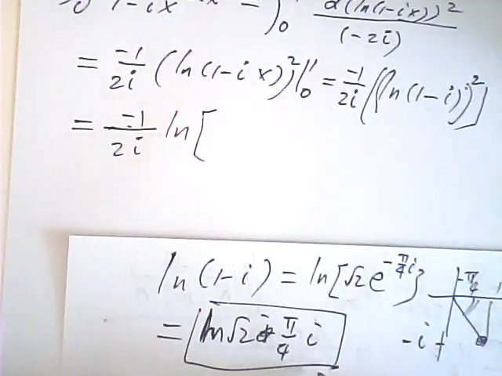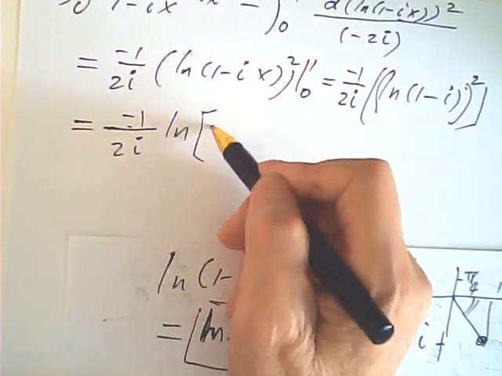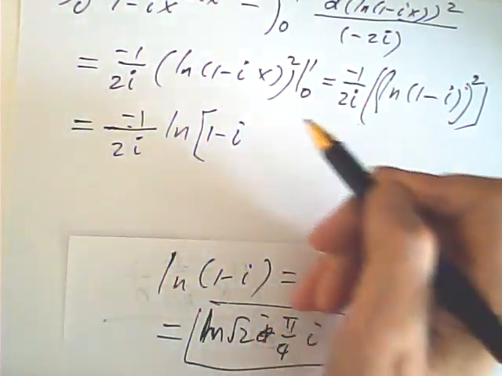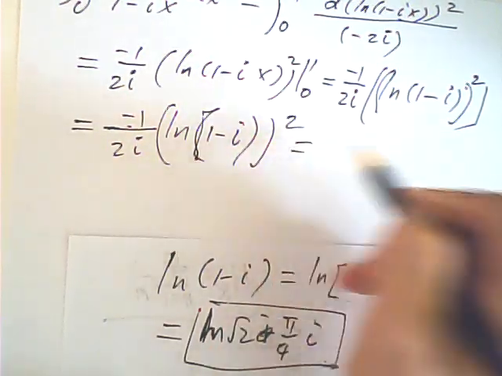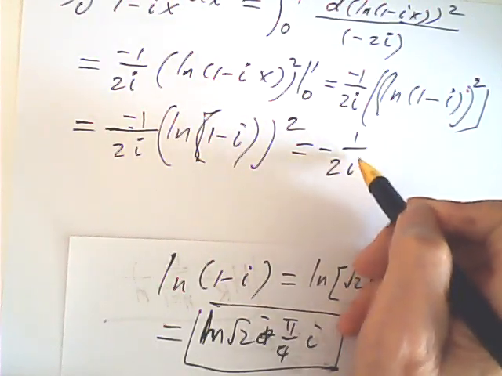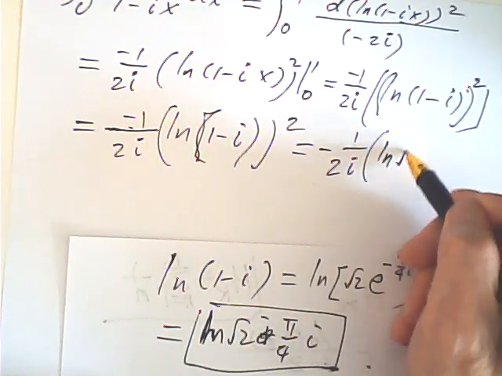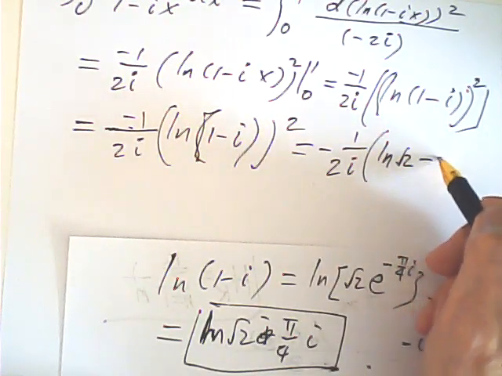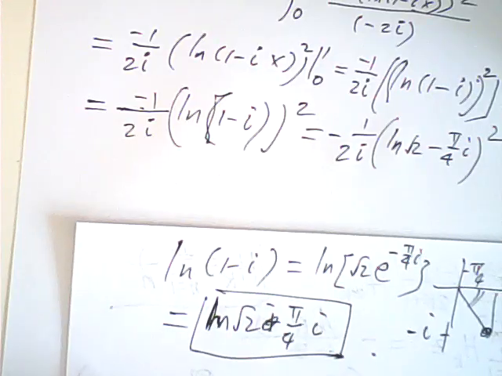So this one is equal to log 2 minus quarter pi i, squared. Yeah, good.